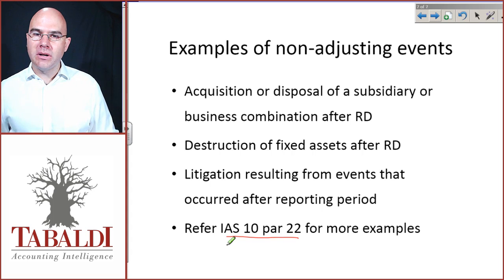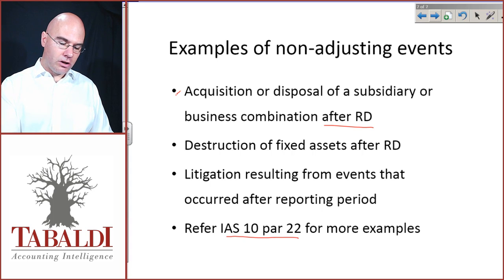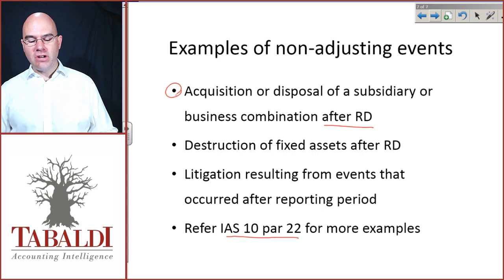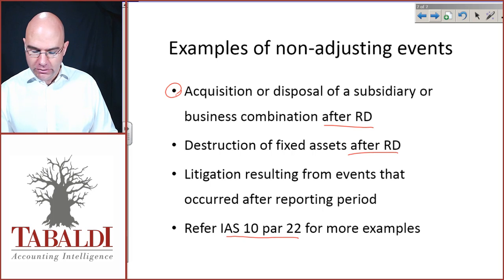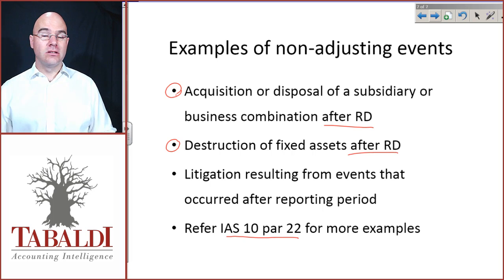Now throughout the standard, mainly in the disclosure paragraph, paragraph 22 of IAS 10, a couple of other examples are listed. Three of them I've just listed here. There may be acquisition or disposal of a subsidiary or business combination after reporting date. That is non-adjusting. There may be destruction or impairment or write-off of fixed assets or inventory after reporting date. Well, not related to circumstances at year end, ladies and gentlemen, so that is non-adjusting.